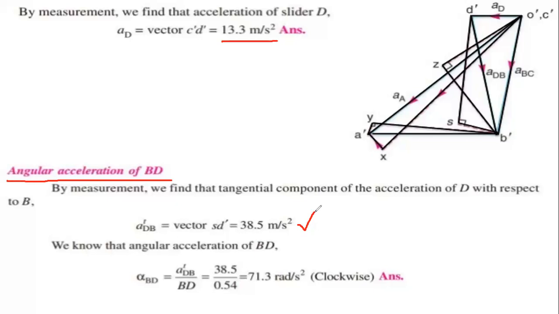In total, we get the value 71.3 radians per second square.